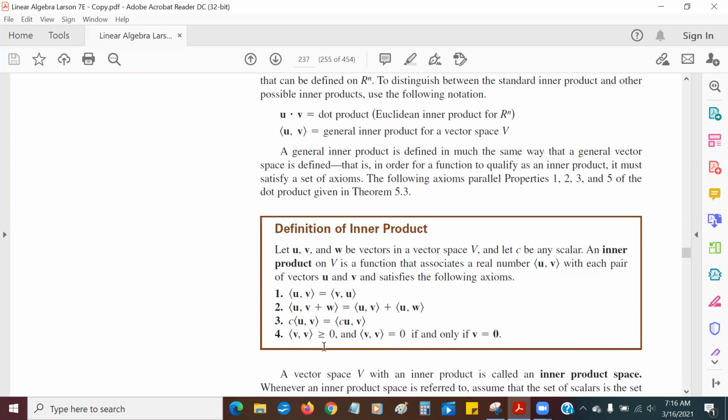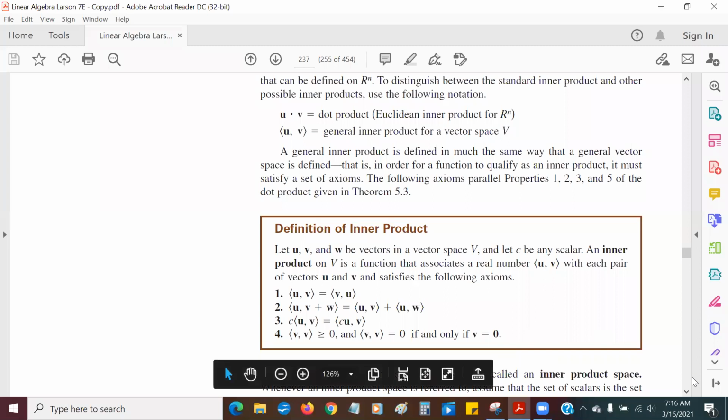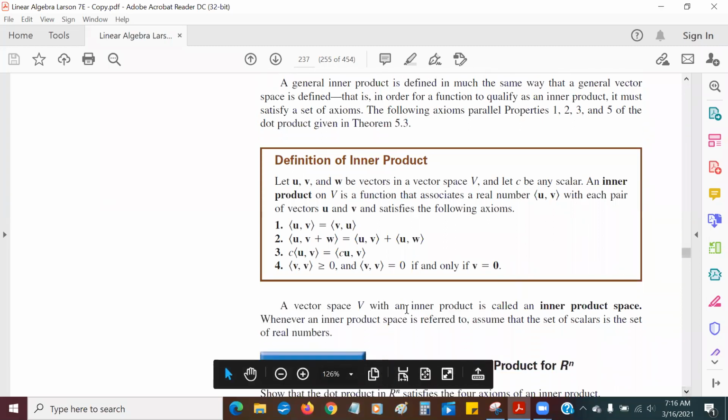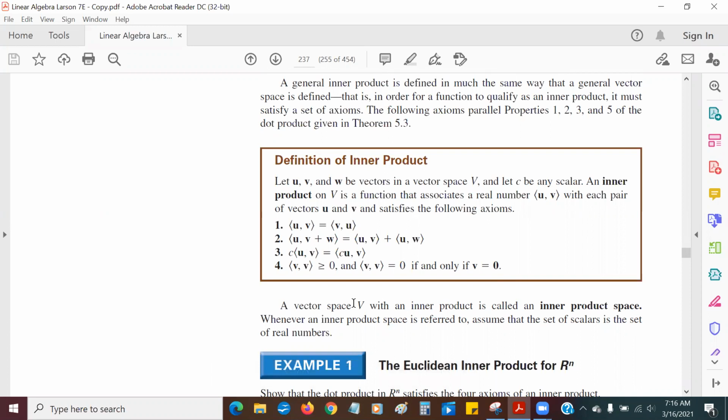They weren't necessarily equal to 0, but they're always greater than or equal to 0 if you dot producted something with itself. Anyways, a vector space V with an inner product is now called an inner product space. So this vector space V, which we used to just call a nice little vector space, because it now has an inner product, we call it an inner product space.